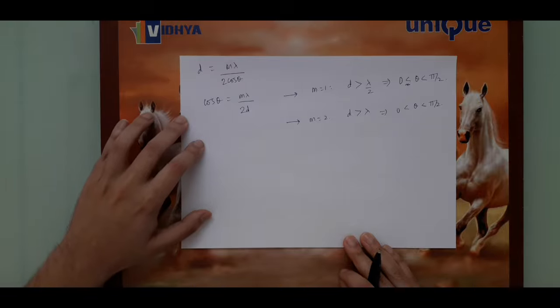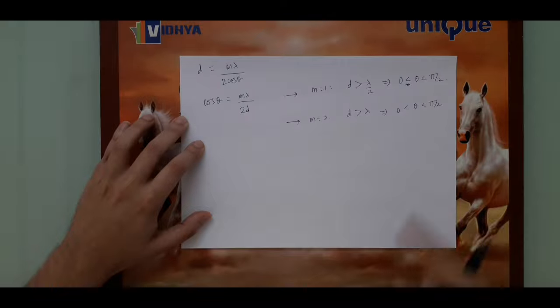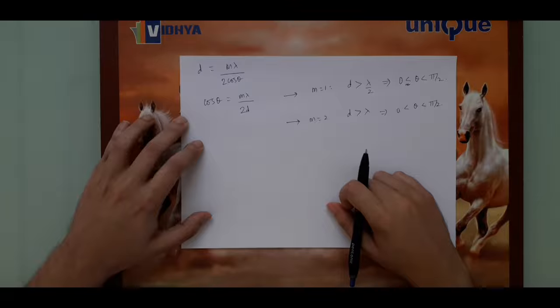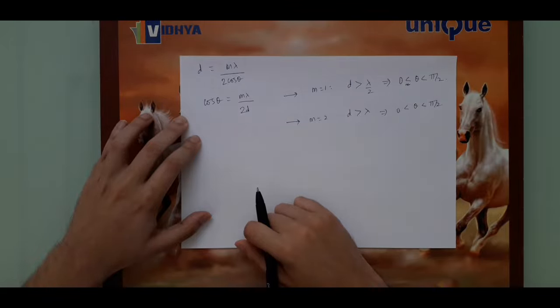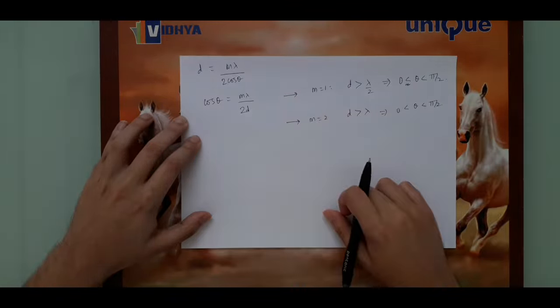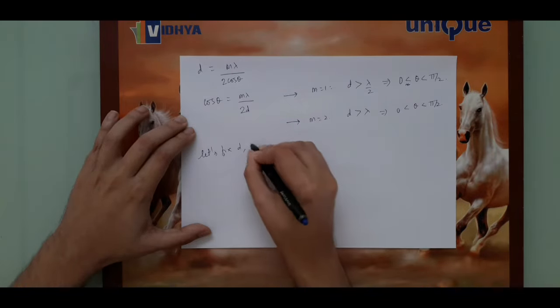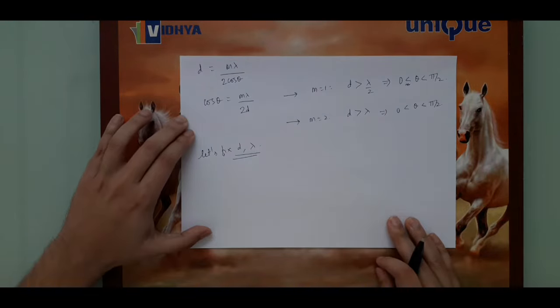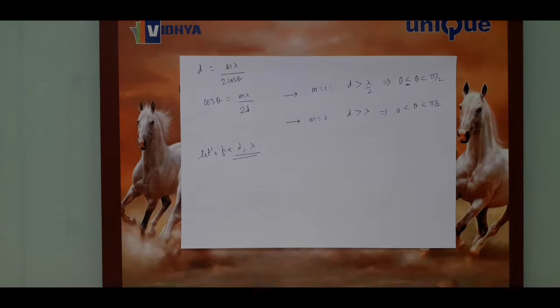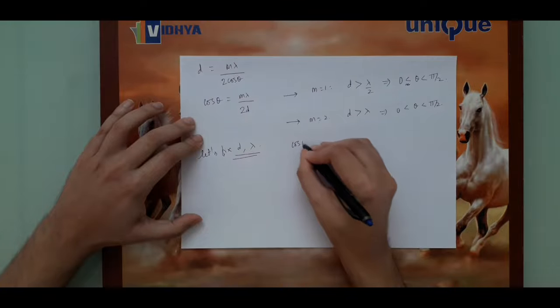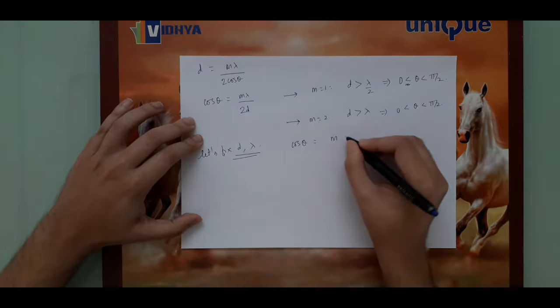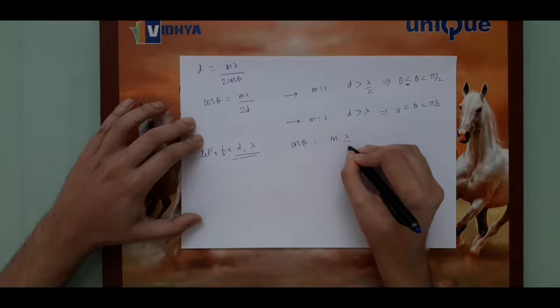Now the thing is, let us say d is fixed and lambda is also fixed. So let's fix d and lambda. By doing this, what I can say is that cos theta becomes m times lambda by 2d.